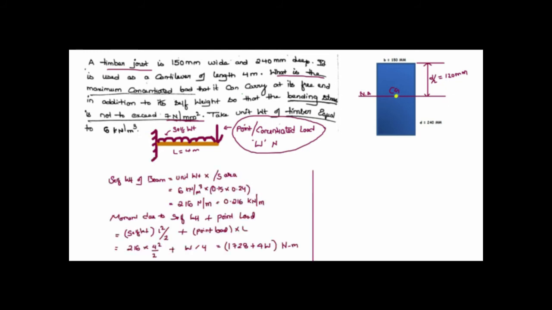The self weight of the beam is equal to unit weight into cross-sectional area. In the question we can find the unit weight or specific weight. You have gone through these definitions in your fluid mechanics.